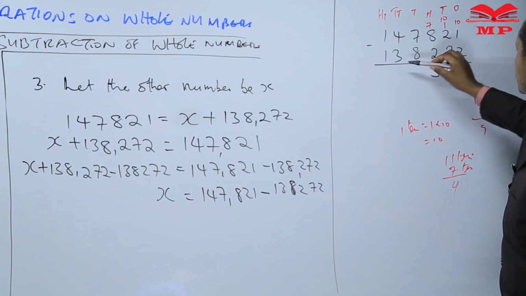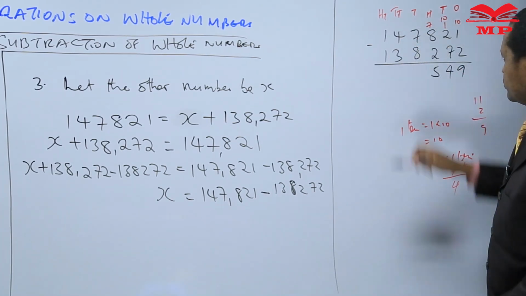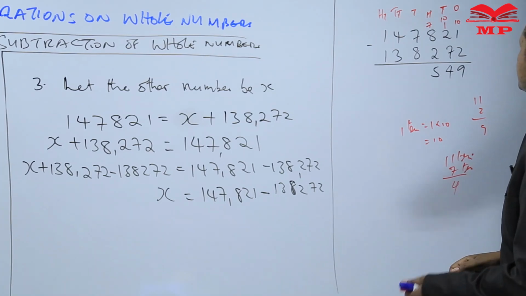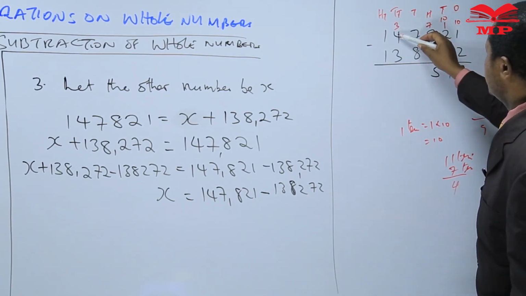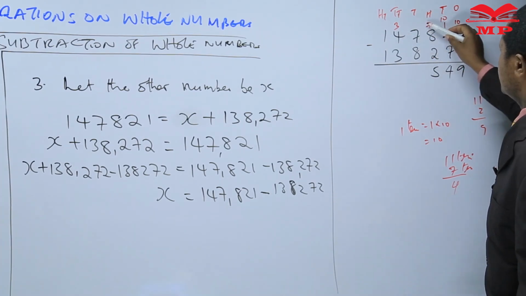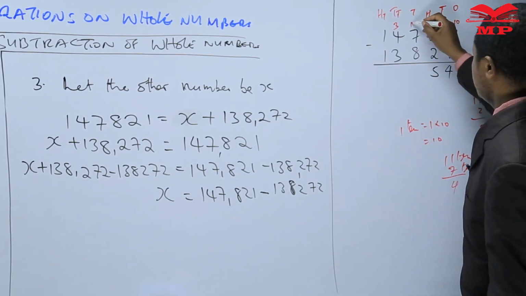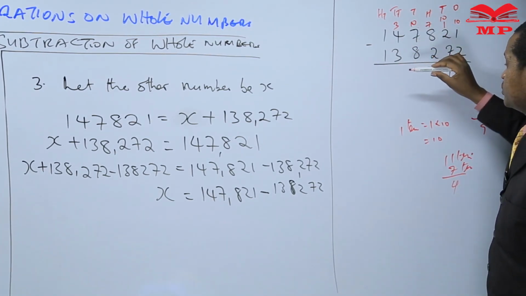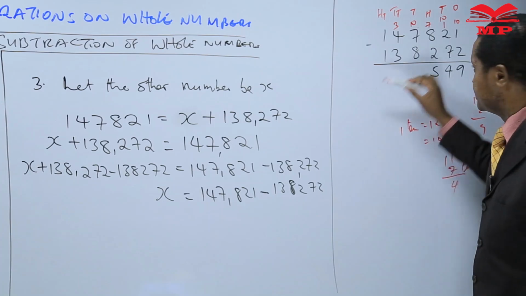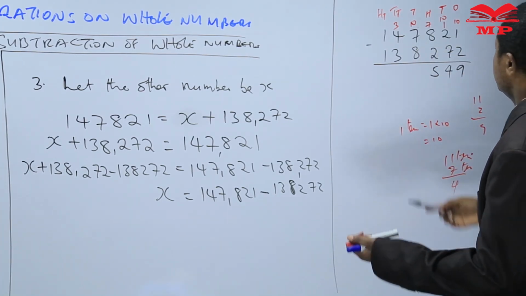Then the thousands. It's not possible to subtract 8 from 7, so we borrow from the 10 thousands. We remain here with the 3. We take 1 ten thousand to the thousands. That will be 10 thousands. So 10 thousands plus 7 thousands is equal to 17 thousands minus 8 thousands will give us 9 thousands.